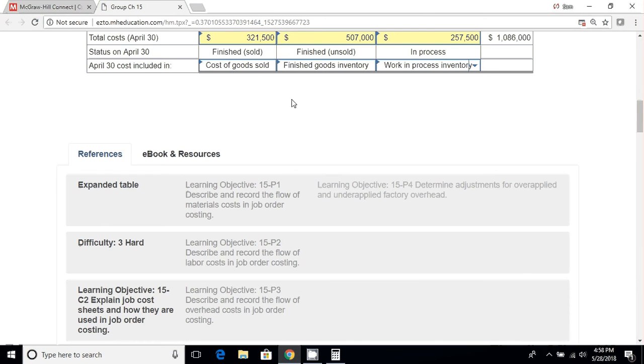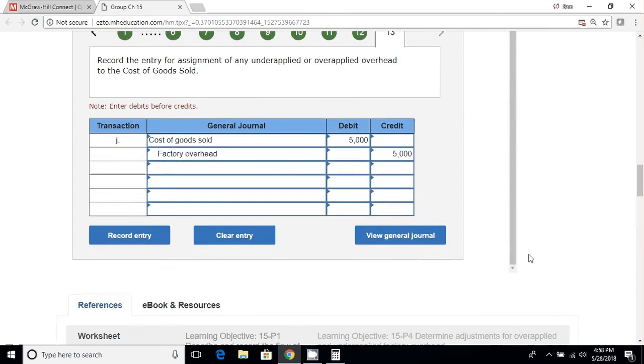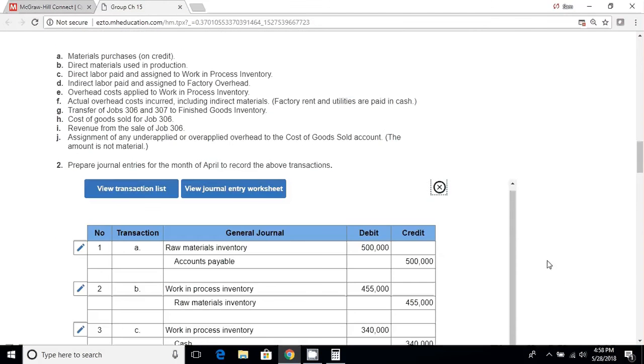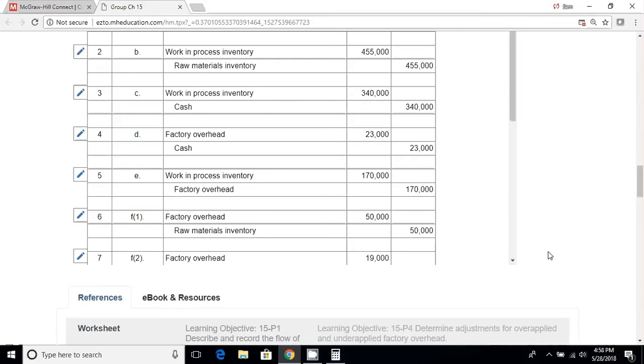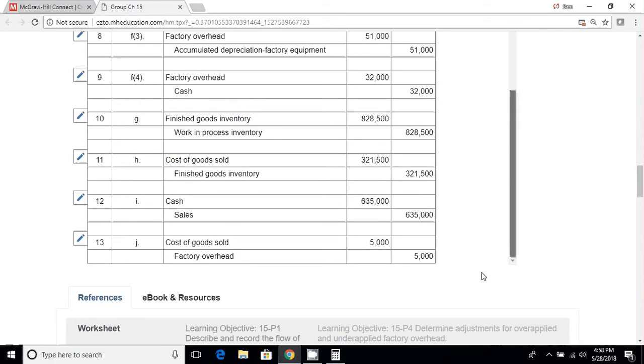Thing is, we have a little bit of a problem. $321,500 is not the only thing in cost of goods sold. We need to take a look at that. Let's look at our general journal. What did we put in cost of goods sold? It looks like we put in $321,500, but we also put in $5,000. So our cost of goods sold account is $326,500.